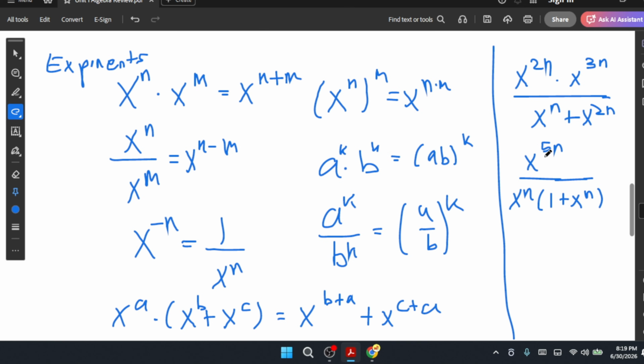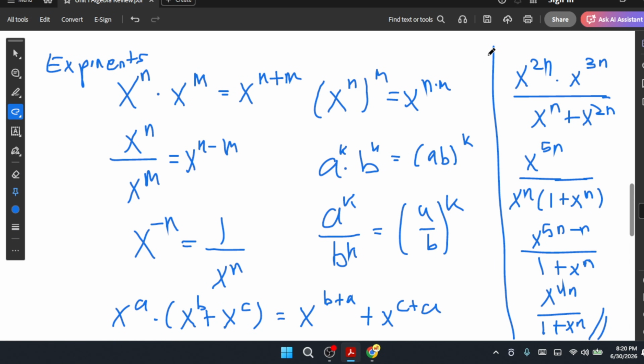And then we cancel these. X to the 5n minus n over 1 plus x to the n, which leaves us with x to the 4n divided by 1 plus x to the n. That's the simplified version.